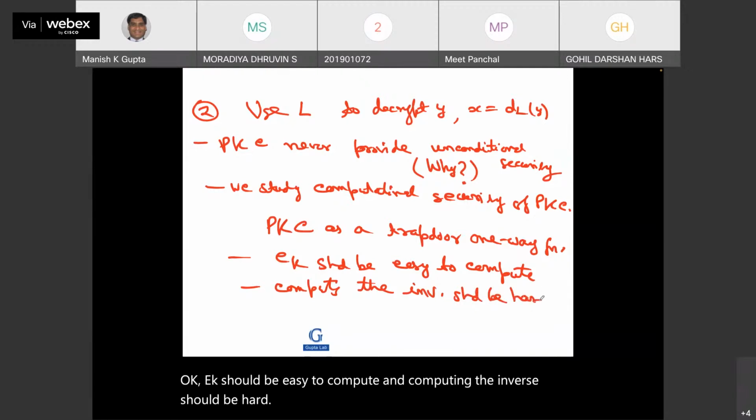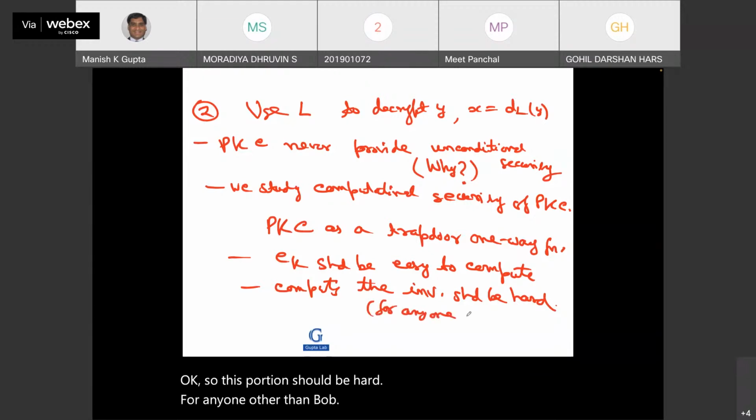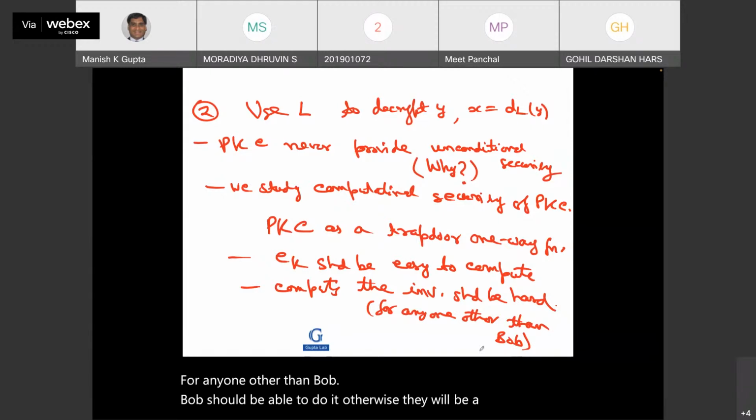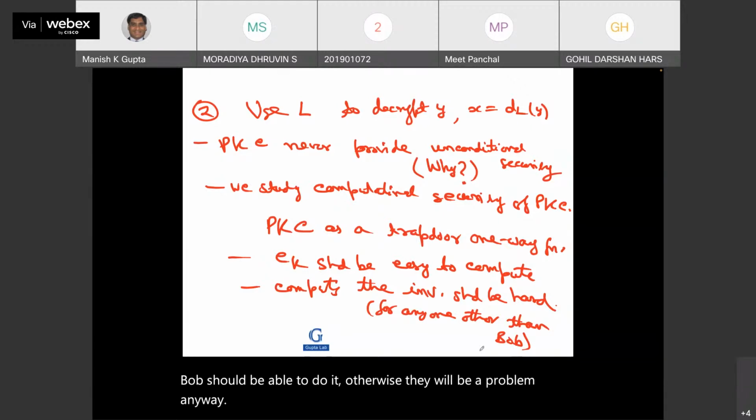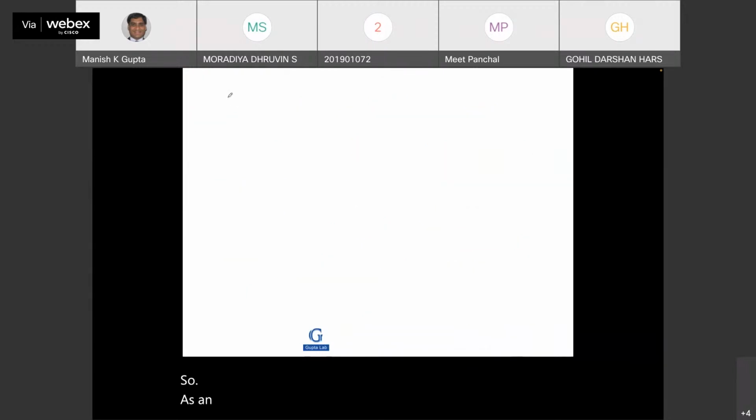This portion should be hard for anyone other than Bob. Bob should be able to do it, otherwise there will be a problem anyway. So as an example, let me give you one such one-way function.